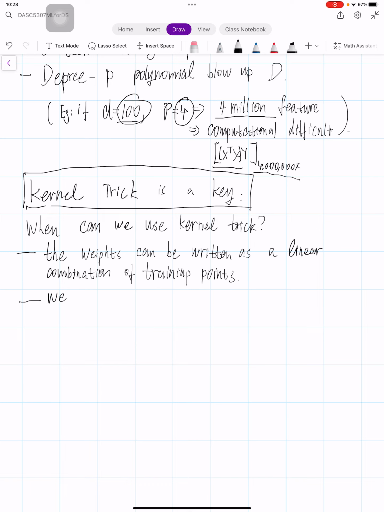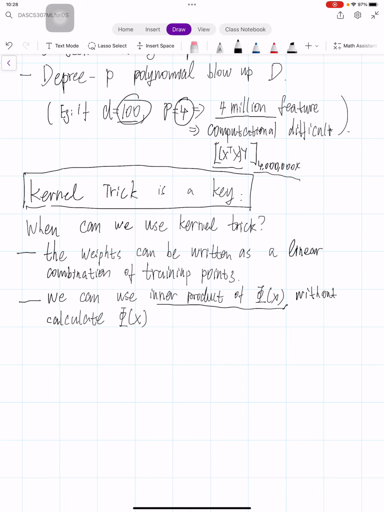We can use the inner product of this feature function, and we can use the inner product without calculating phi x explicitly. So that's the key.